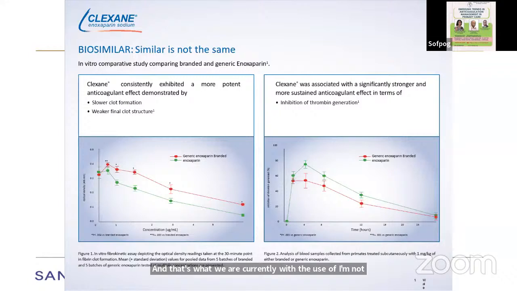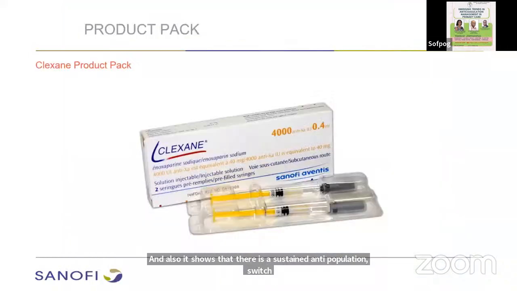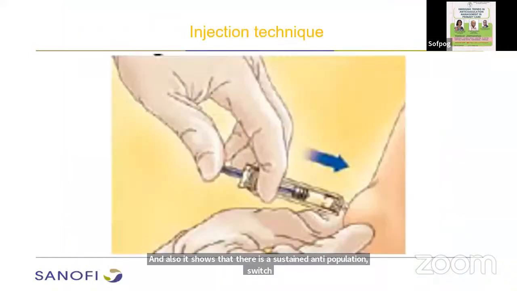You cannot say that generic is the same as Clexane in any way. This is because studies have shown that it is more potent, there's slower clot formation with the use of Clexane as compared to the copies, and also it shows that there's a sustained anticoagulation effect with the use of Clexane as compared to copies. So let's note that we cannot switch between Clexane and the copies. You cannot choose the copies of Clexane. Clexane is superior.